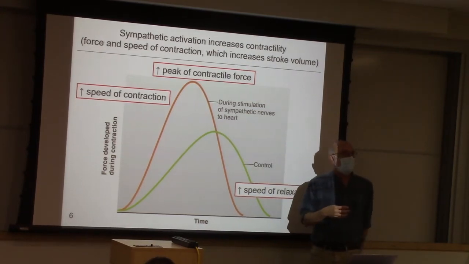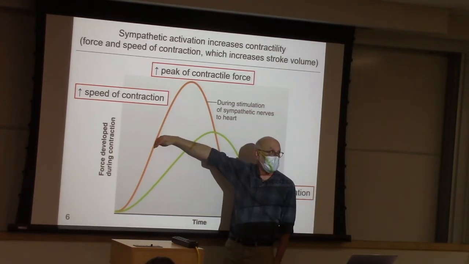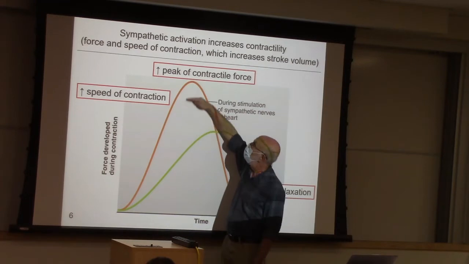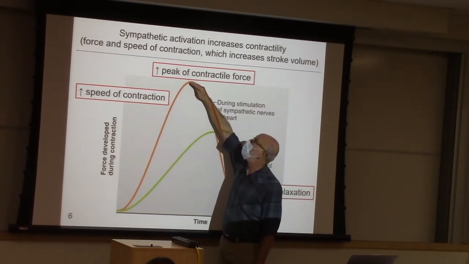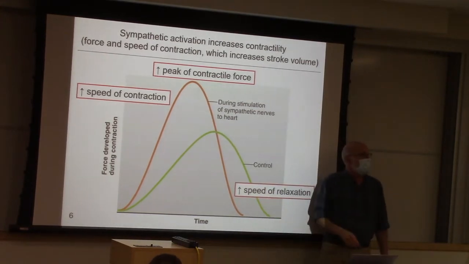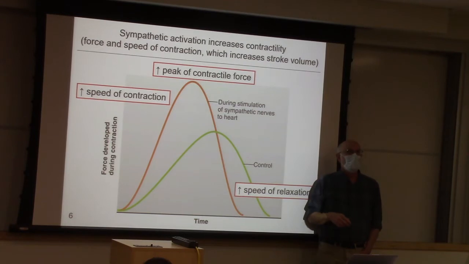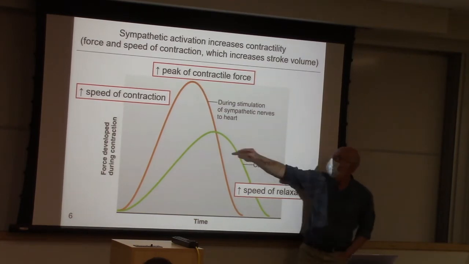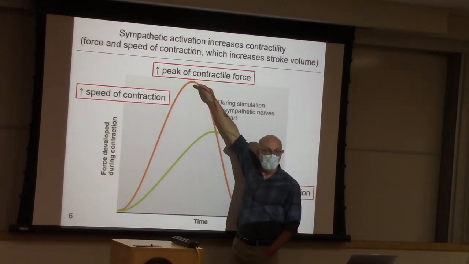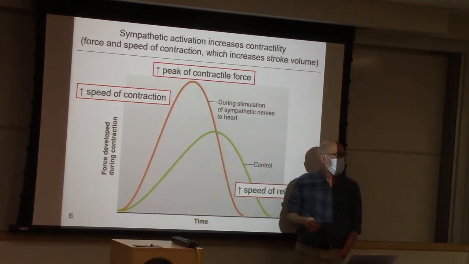When stimulated by the sympathetic nervous system, we have an increased speed of contraction, an increased peak of contractile force, and an increased speed of relaxation. More contraction, stronger heartbeat, more stroke volume.